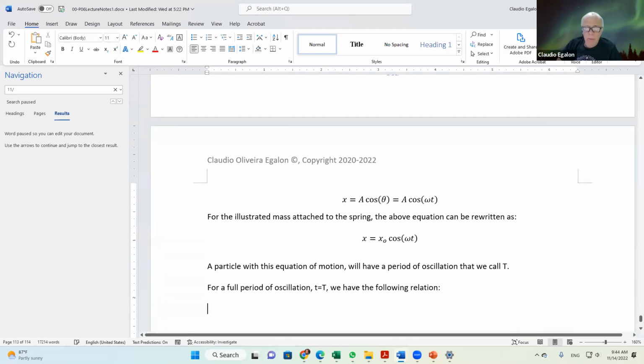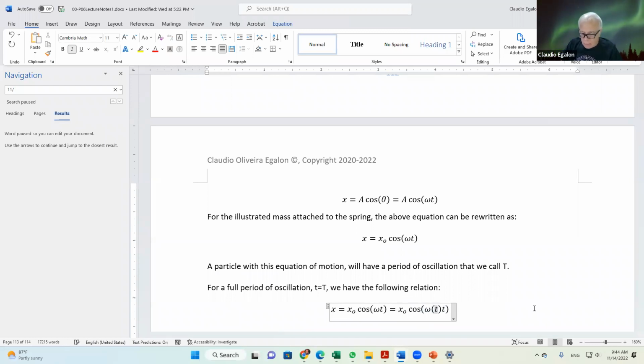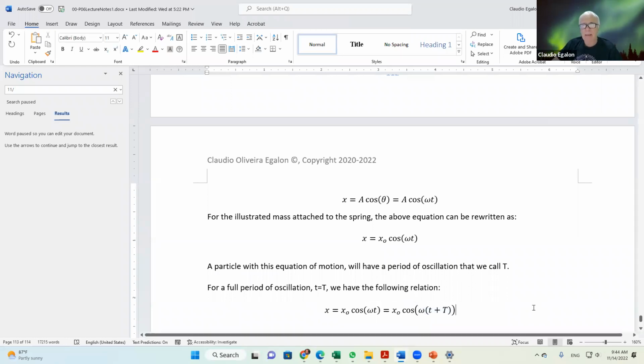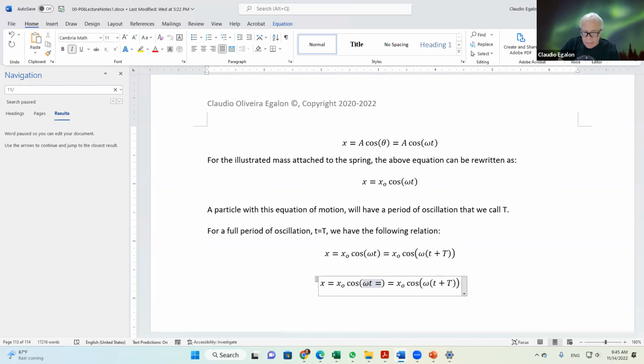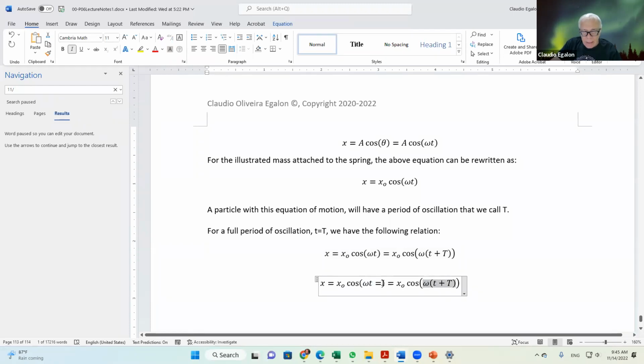The position of the particle at time lowercase t is going to be equal to this equation when we add a period capital T. For something like that to hold, we must have a relation between omega t and omega times t plus capital T.